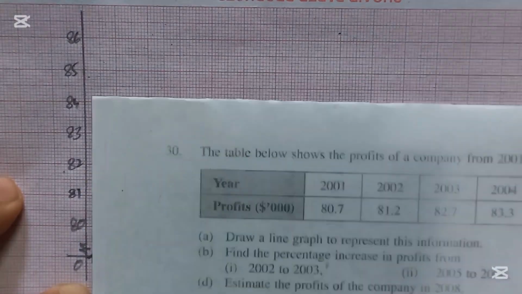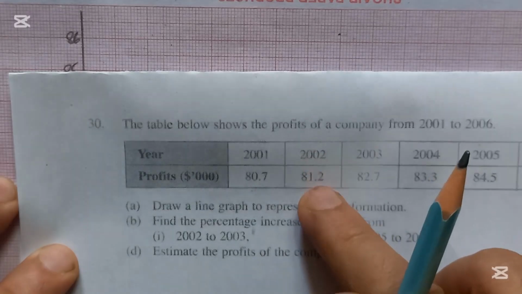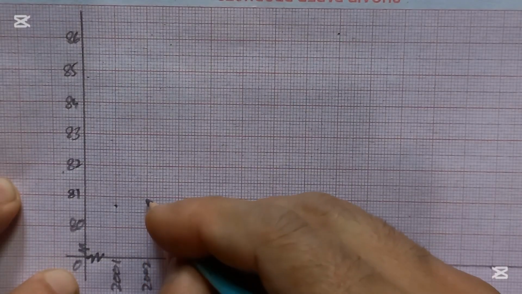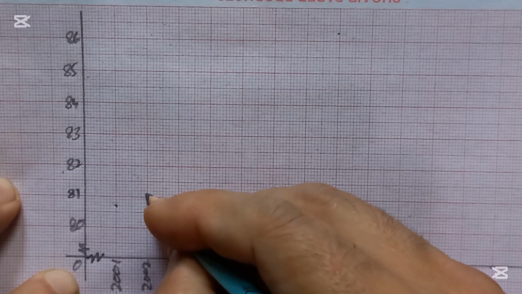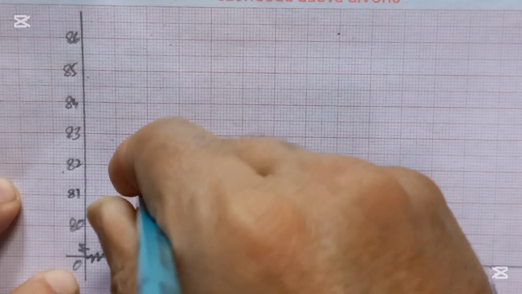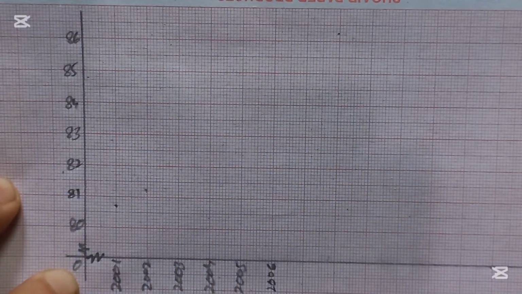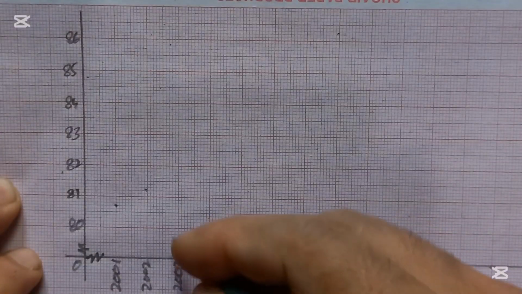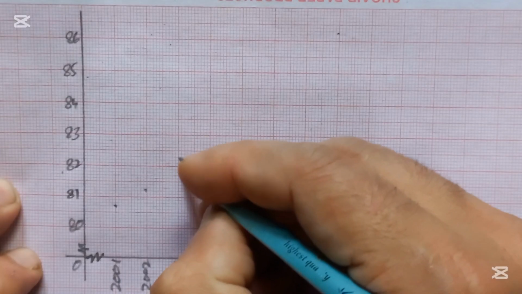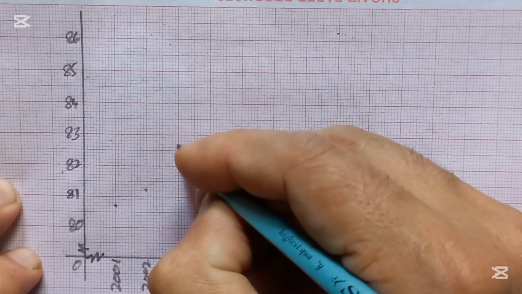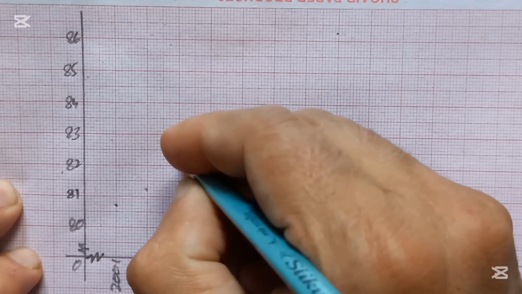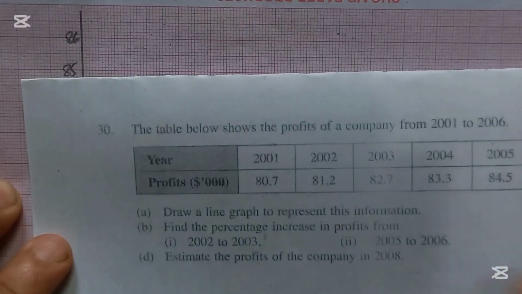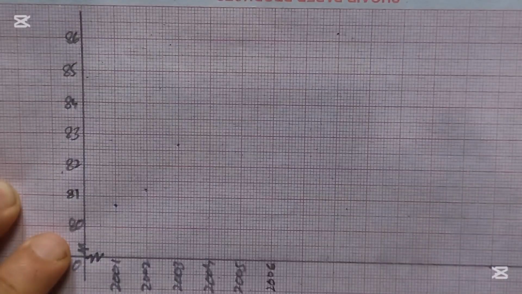The next is 2002, 81.2. So this is 81 and 1 and 2. So this is the 81.2 value. Next is 82.7. So 82, this is 5, 6, 7. This is 82.7. The next is 83.3.